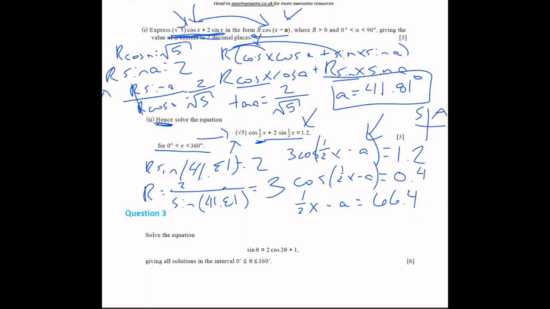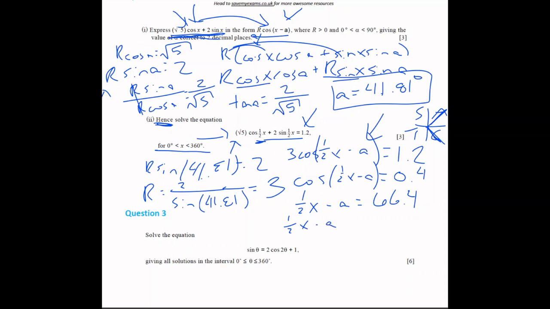My a is right over here between 0 and 90, and my other answer is going to be between 270 and 360, because that's where cosine is also positive. So I have to do 360 minus my previous answer, which is 293.6.